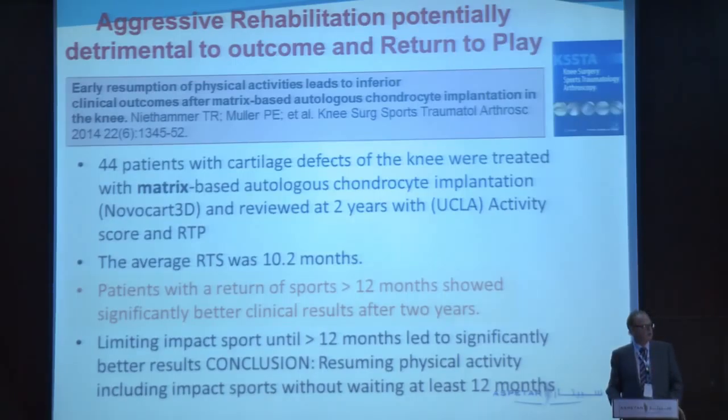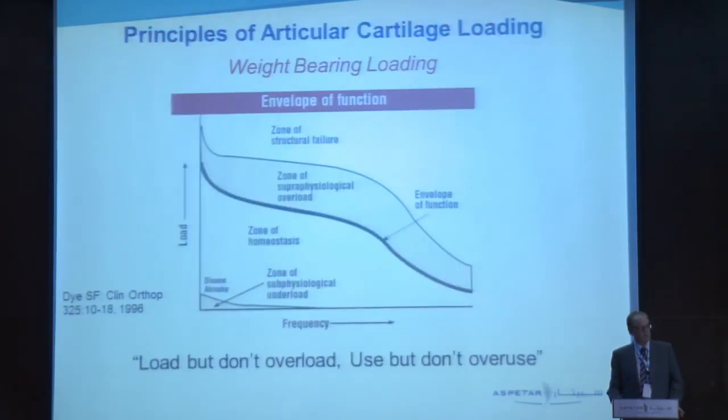Here just is a study that showed if you return to impact loading prior to 12 months, for these patients treated with matrix ACI, which is basically the cells floating in a hyaluronic membrane, that the results were poorer than those who returned after 12 months. So despite the patient maybe seeming to be ready, here's a case where to go even slower gave best results at 2 years. So it's the important principle of Scott Dye's envelope of function.